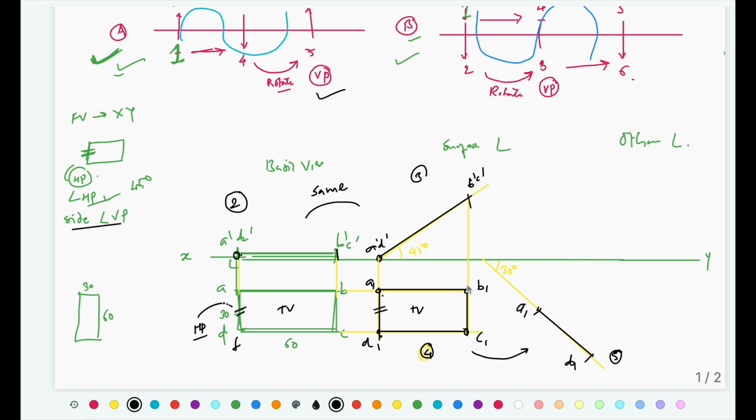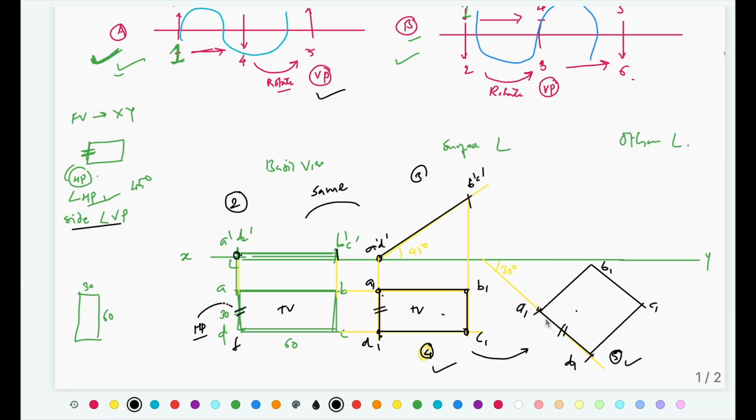Similarly, locate the other points. Just remember that the shape, size and dimensions of those two views, step number 4 and step number 5, should be exactly identical. Now, as I am drawing it as a freehand sketch, those two views are appearing different, but ideally those two are going to be exactly the same.